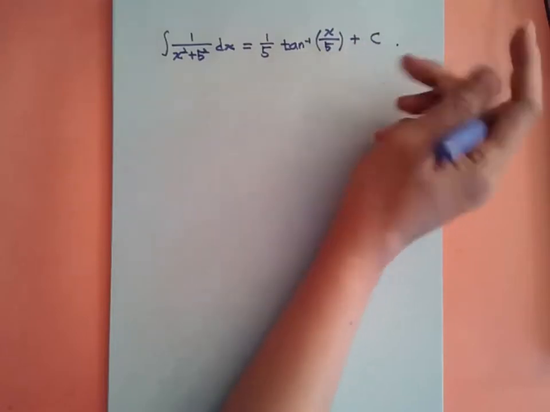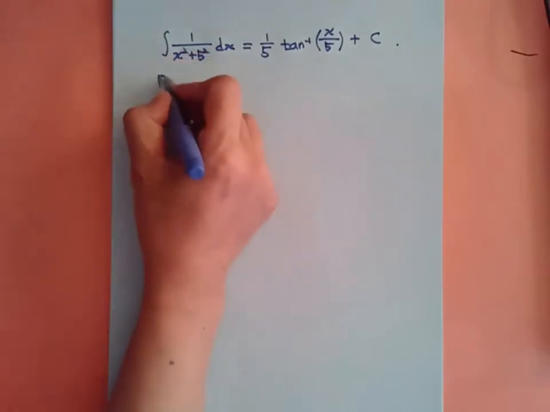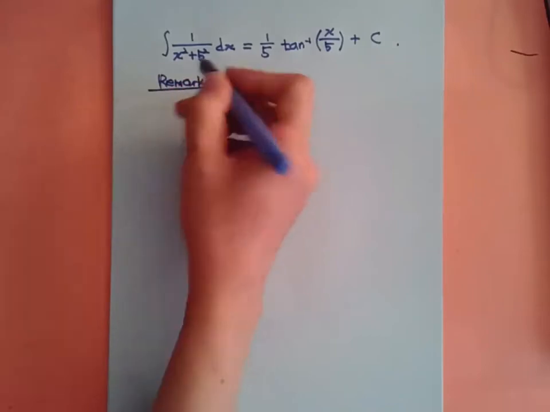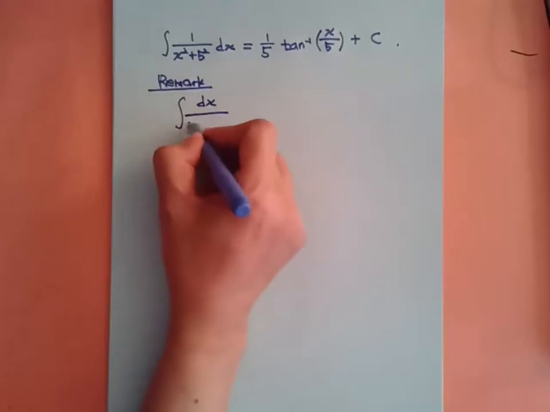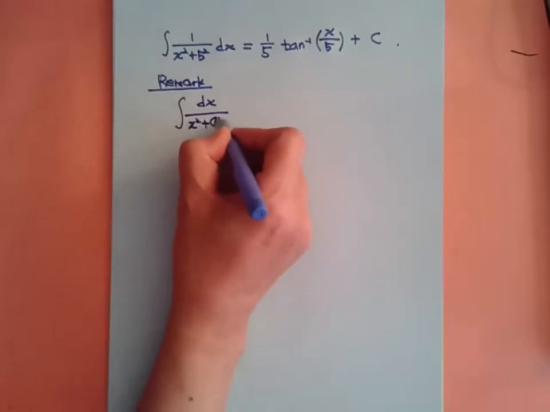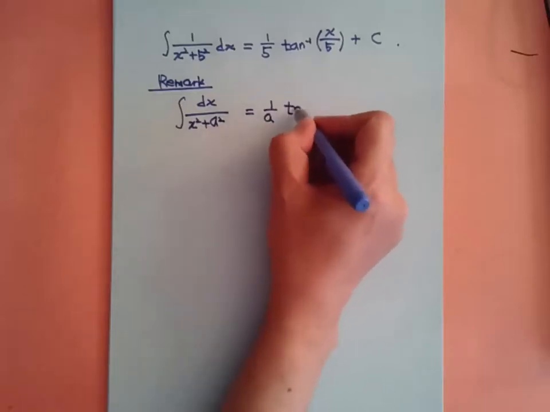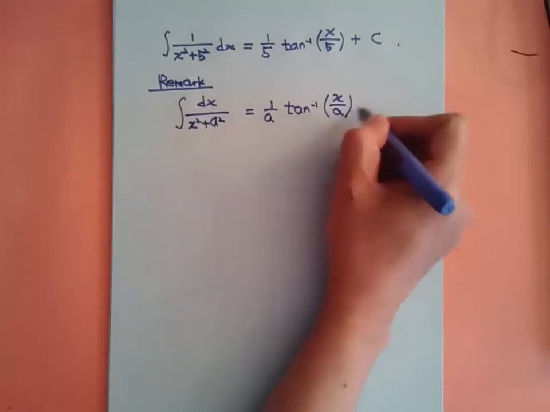That is just from the formula. The formula I used was dx over x squared plus a squared is 1 over a tangent inverse of x over a plus c.